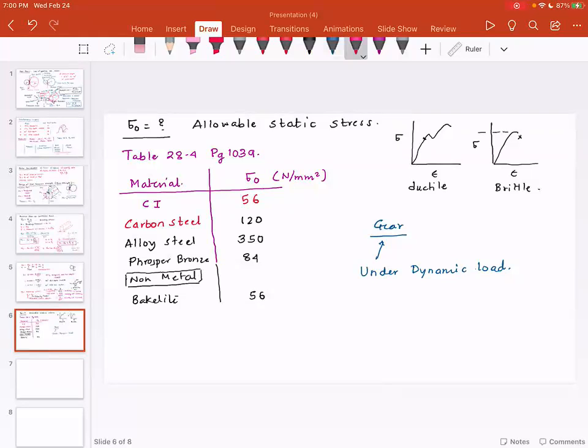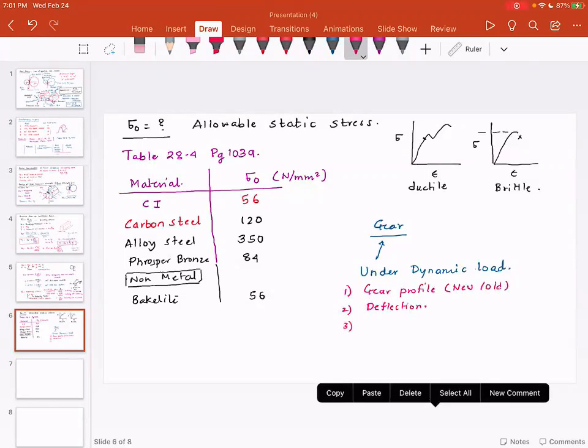It's very difficult to determine the dynamic load because it's changing, and it also depends upon the gear profile, whether the gear is new or old, whether you have lubrication or not, how much deflection, if the gears are vibrating or not, if the gear is accurately cut or not properly cut, or if it has some irregularities.